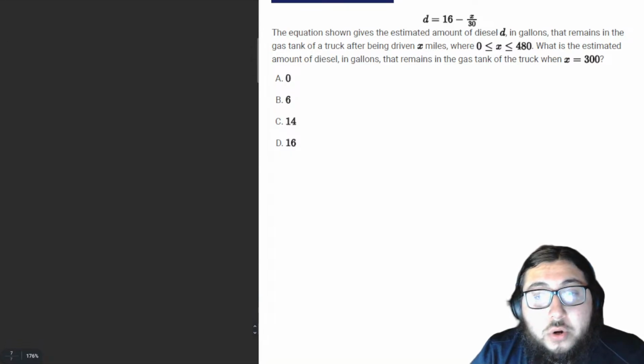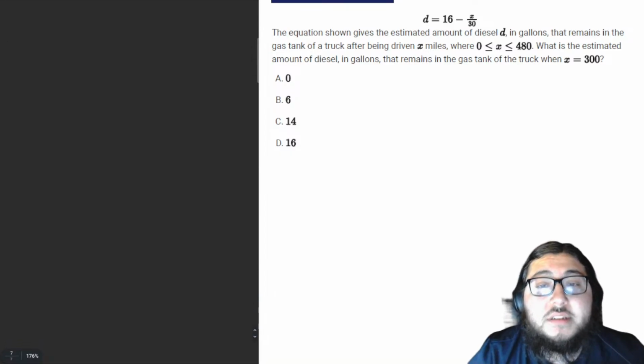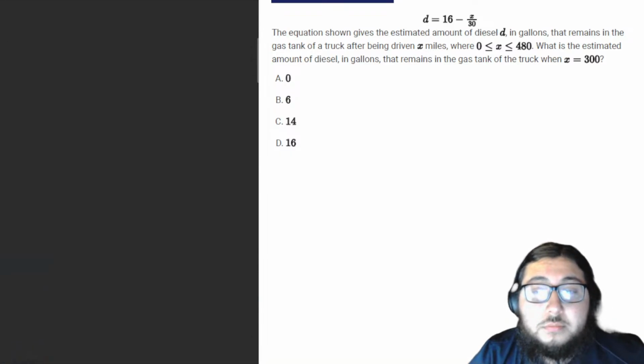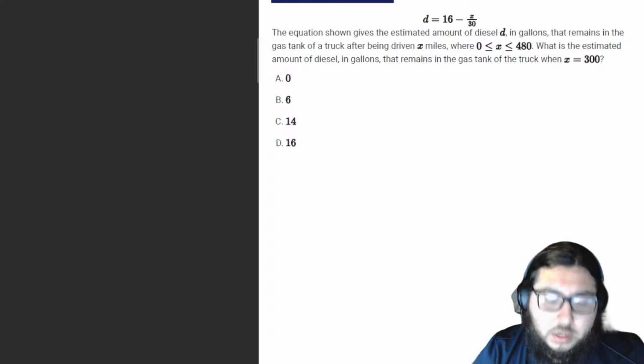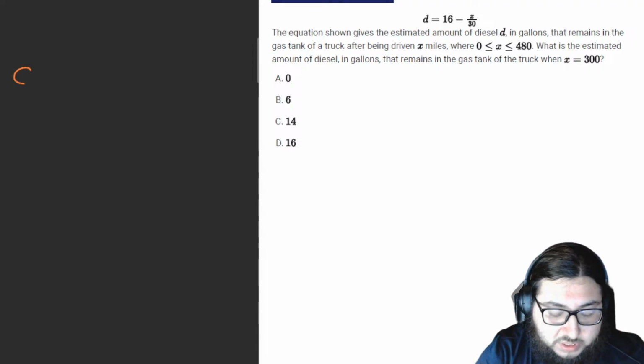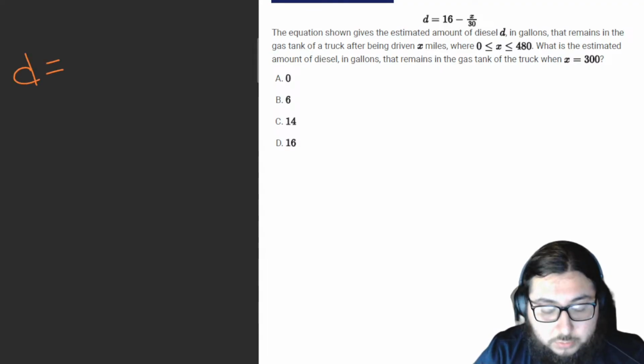The equation shown gives the estimated amount of diesel, D, in gallons that remains in the tank of a truck after being driven x miles, where 0 is less than or equal to x is less than or equal to 480. What is the estimated amount of diesel in gallons that remains in the tank of the truck when x equals 300? So this is quite simple. All they're asking us to do is calculate D when x equals 300.